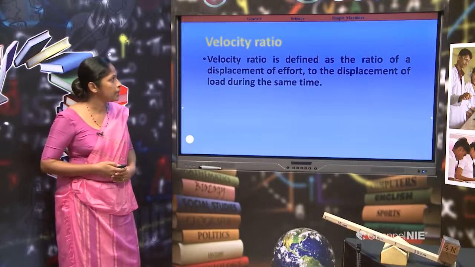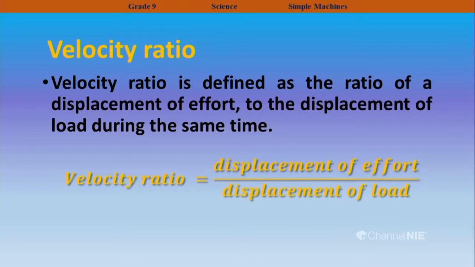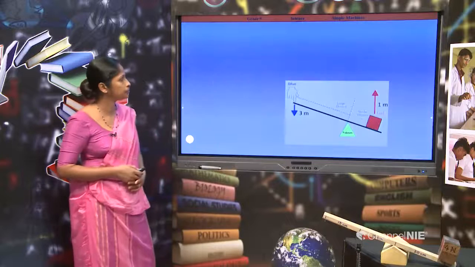It can be defined as the ratio of the displacement of effort to the displacement of load during the same time. It can be calculated by displacement of effort divided by displacement of load.